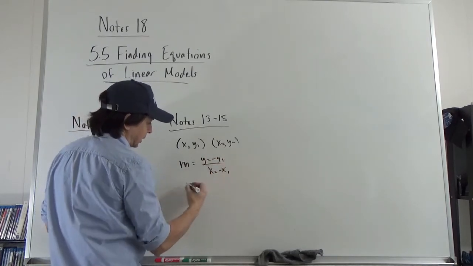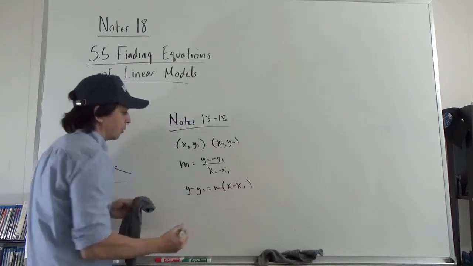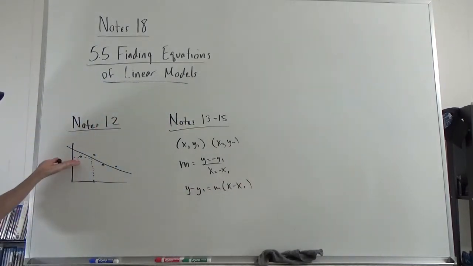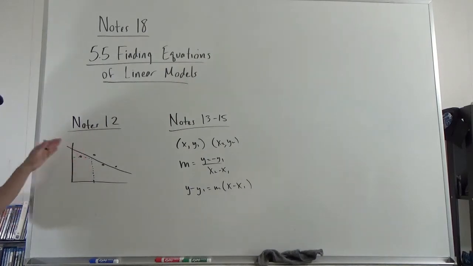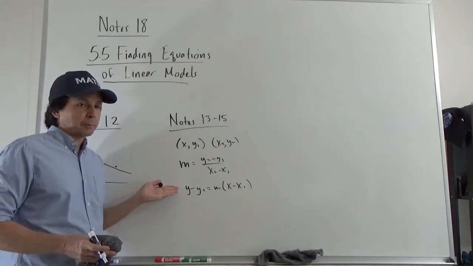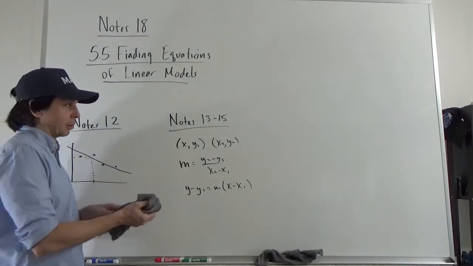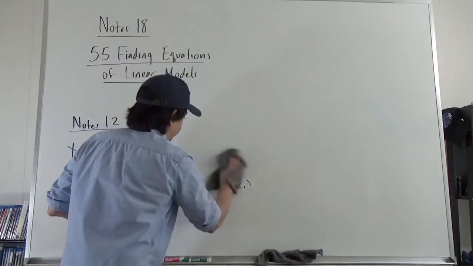I'm going to erase this immediately because I'm just recapping, trying to make sure we understand that we're going to be using all these things. We're going to be talking about linear models and making estimates off of it, and we're also going to be putting together equations of lines using that, but they're not going to be as nice. We're going to have to do some rounding, which is why we did a whole lesson on rounding before we got to this.